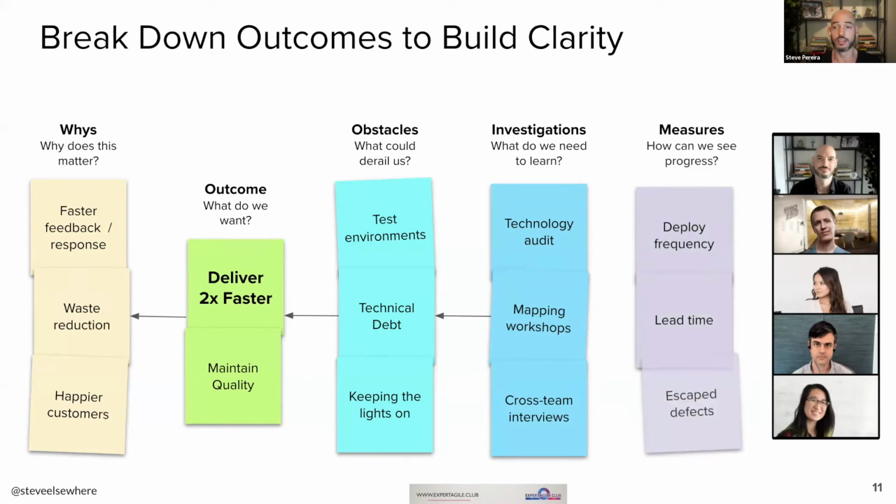And then last, we want to understand what measures we can use to see progress. So just like as we are navigating with Google Maps, the measurements inside of Google Maps are going to tell us whether we're going over the speed limit, when we're going to arrive at our destination, the difference between different possible paths that we could take, the cost of any tolls that we might incur along the way.